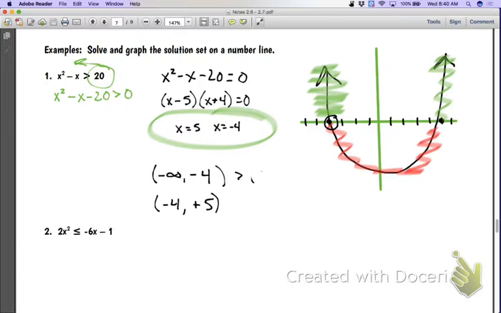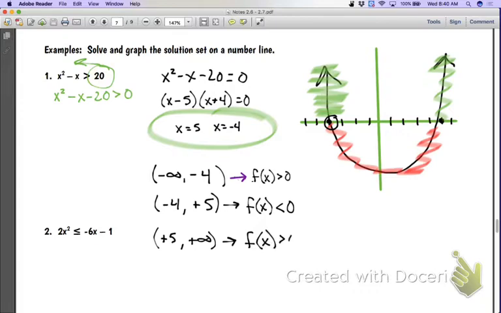If we put an arrow, f of x is greater than 0 on the first interval, whereas in that interval, f of x is less than 0, and then from positive 5 to positive infinity, it's going to be back above 0 again.